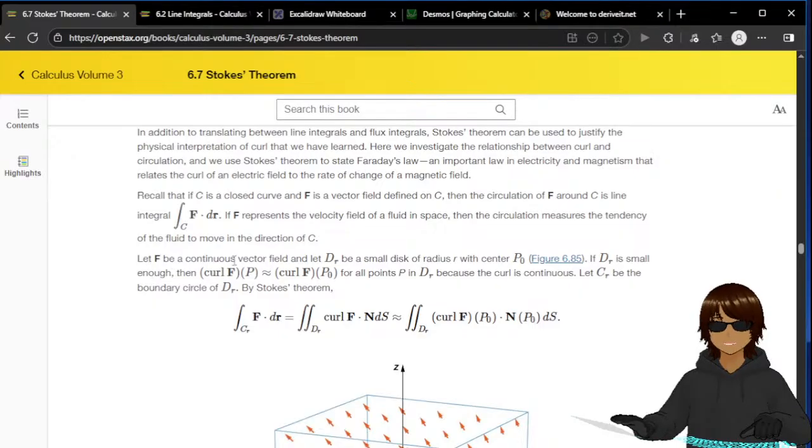Let F be a continuous vector field and let D_r be a small disk around P0 with radius r. If D_r is small enough, then curl F(P) is approximately equal to curl F(P0) for all points P in D_r because curl is continuous. Let C_r be the boundary circle of D_r. By Stokes' theorem, we have this.